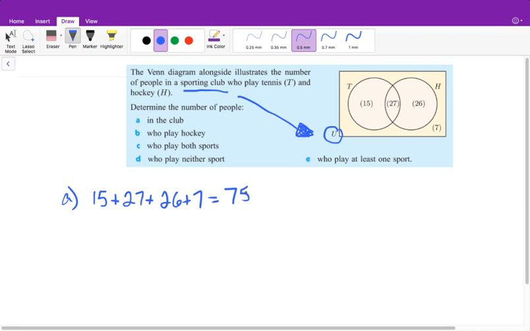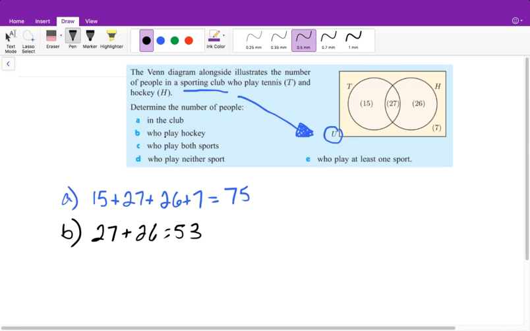All right, for B, it says the number of people who play hockey. It doesn't say the number of people who play only hockey. It says hockey in general. So that means we will add everybody that plays hockey, so it's this entire circle. They can play tennis as well; it doesn't say that they just have to play hockey. So we would add these two together: 27 plus 26, and that will be equal to 53.